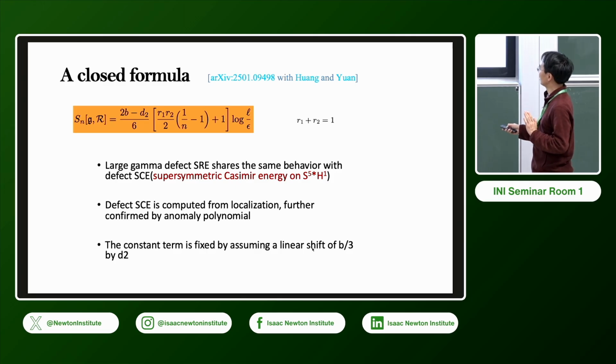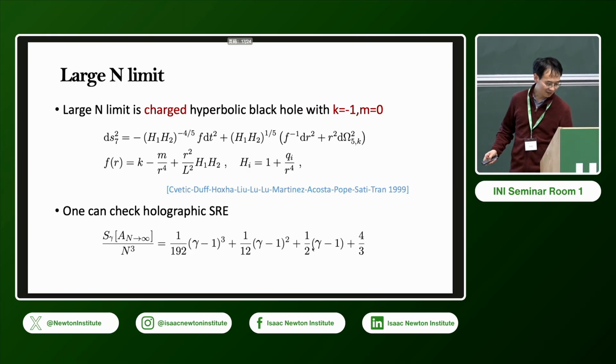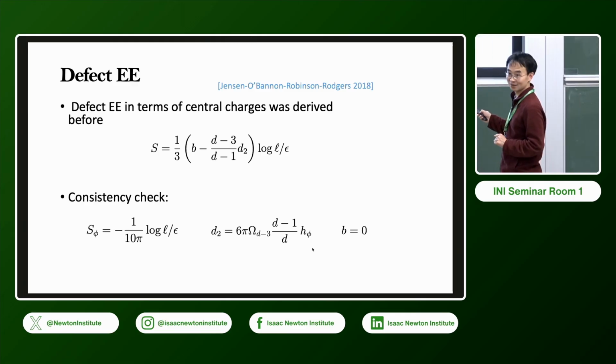At this moment, let's simply take the constant to be some linear shift of b over 3 by d2. What does this mean? Previously we know that without any supersymmetry, the surface defect contribution to entanglement entropy is in this way, right?